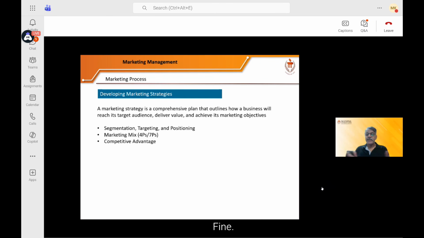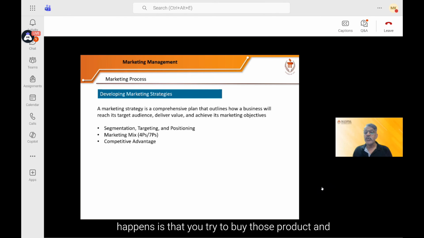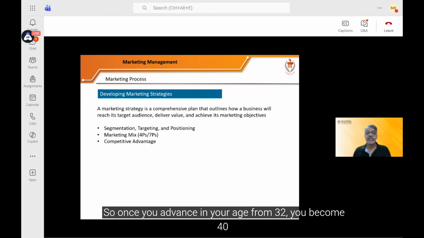Fine. Suppose you are in the age category of 25 to 30. You try to buy those products and services which are used by that age group. For example, you may use trendy mobile phones, or exclusive watches or exclusive perfumes, right? Once you advance in your age from 30 to 40, definitely the apparel, that is clothes, that you're using at the age of 30 may not fit at 40.